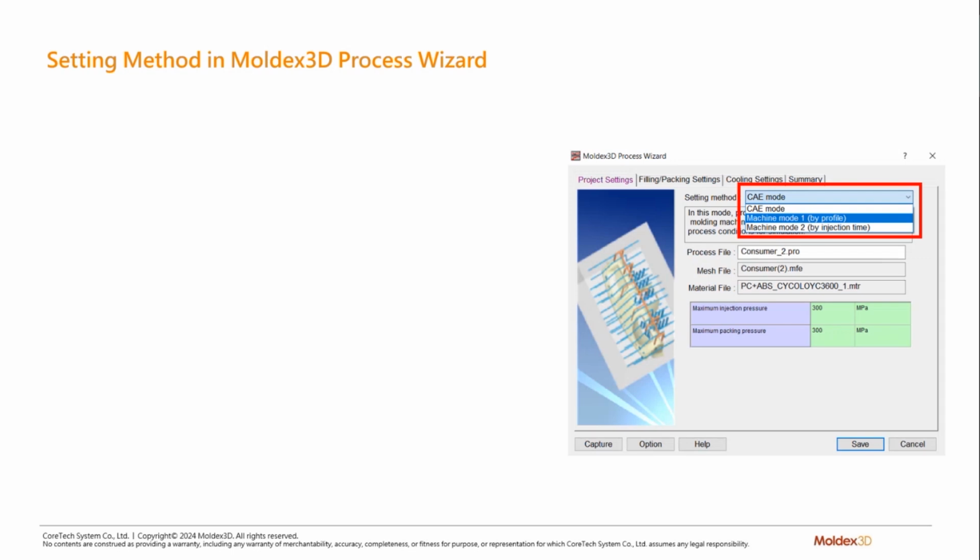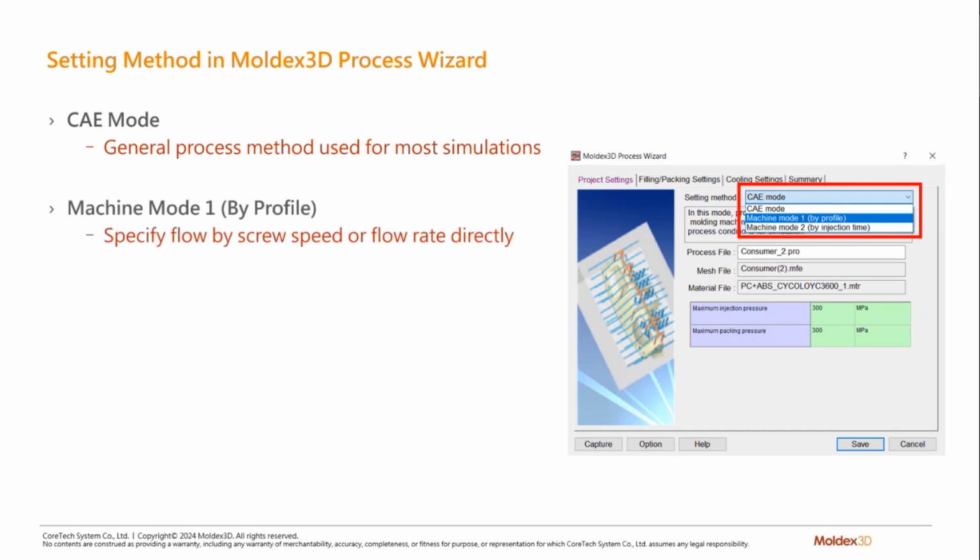So, setting methods: we have primarily two methods, the CAE mode and the machine mode. Machine mode is broken into two, machine mode 1 by profile and machine mode 2 by injection time, and we'll quickly go over the different options and the different processes here. CAE mode is the general process method that the majority of the time we'll be using, about 70 to 80% of the time.